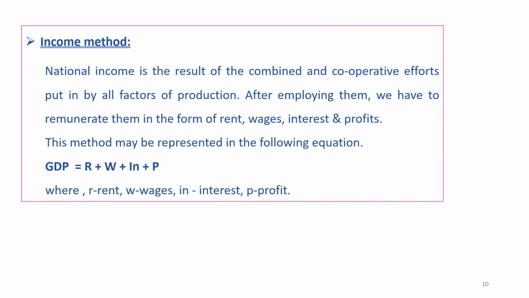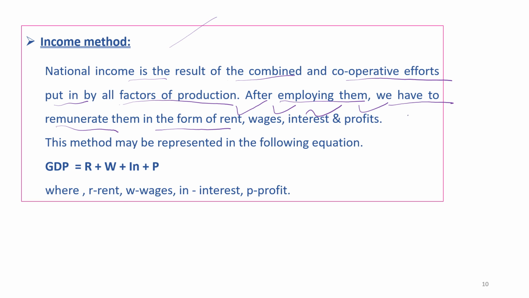Dear students, the income method is more easy and very quickly you can understand. National income is the result of the combined and cooperative efforts put in by all the factors of production. After employing them, we have to remunerate them in the form of rent, wages, interest, and profit.